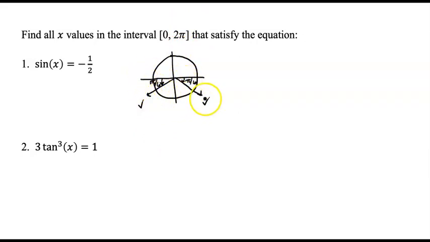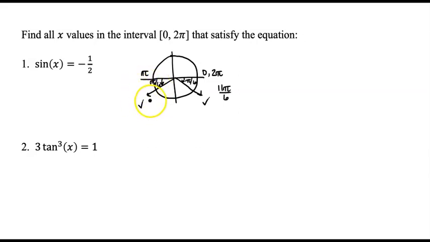So to actually get to these points, what are these angles? Well, we know that this is 0 or 2 pi. We know that this is pi over here. And to get to this angle here, I'm thinking, okay, what's 2 pi minus pi over 6? Because I'm going from 2 pi in the clockwise direction, and 2 pi minus pi over 6 is 11 pi over 6.